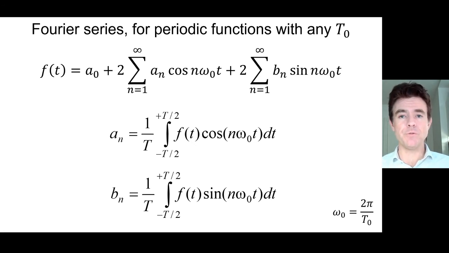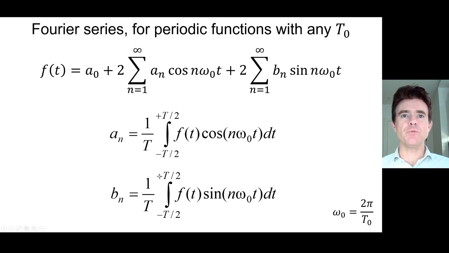However, if you do have your function defined over a period of 2 pi, then have a look at this equation here. If t0, the fundamental period, is 2 pi, then 2 pi divided by 2 pi gives us a value of 1 here, and so all of these equations would simplify. The omega 0 would just be 1 everywhere. But I would encourage you to memorize these formulae for any arbitrary period t.